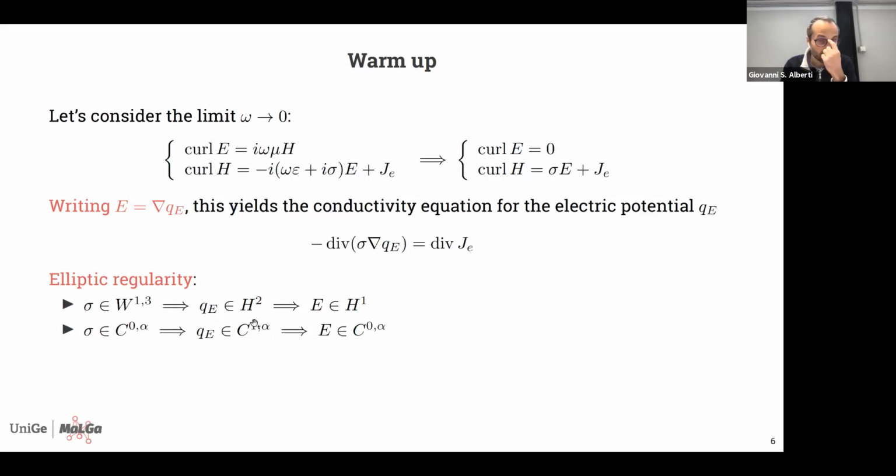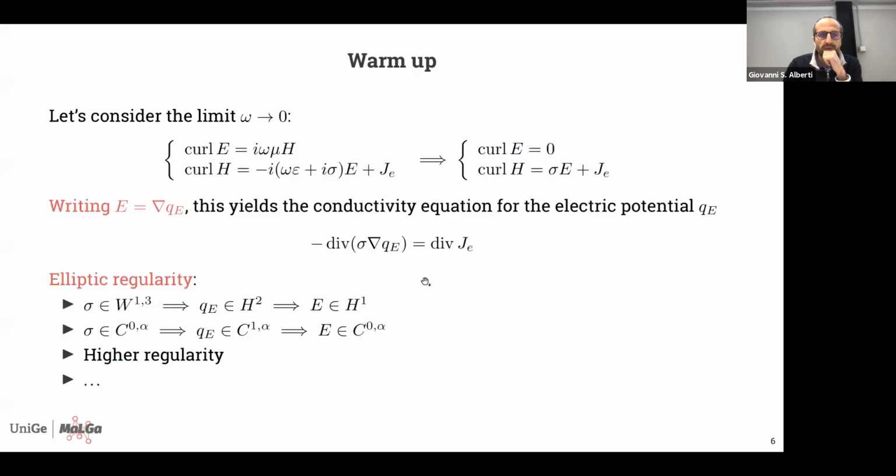These are the so-called Schauder estimates. And if QE is C1,alpha, you take a gradient, E becomes C0,alpha. So you see that in this omega equal to 0 case, those properties are very easily satisfied. Then, of course, since elliptic regularity has higher regularity results, you get automatically higher regularity estimates as well.